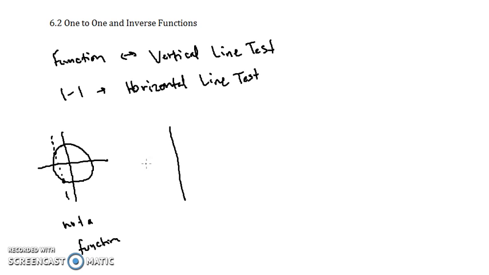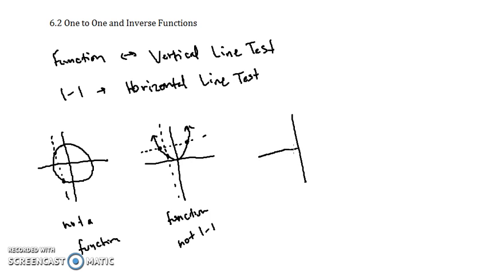Then we also used the parabola as an example. The parabola is a function. Any vertical line is only going to cross once, but it is not one-to-one because our horizontal line crosses twice. So for each y, we could get 2 x's. So this one is a function, but not one-to-one.